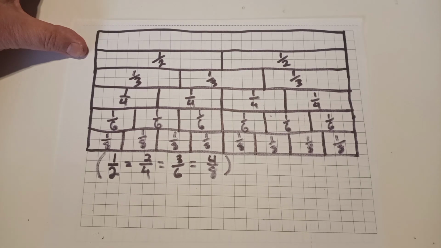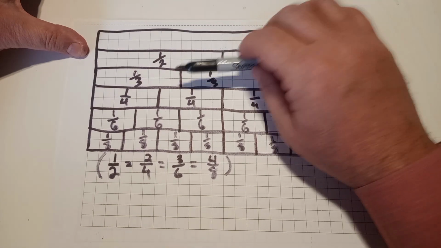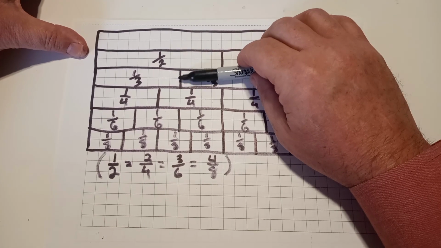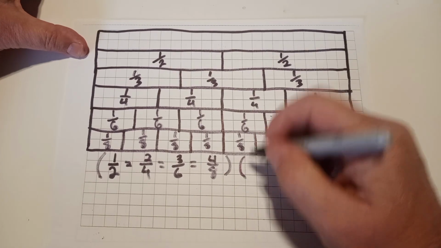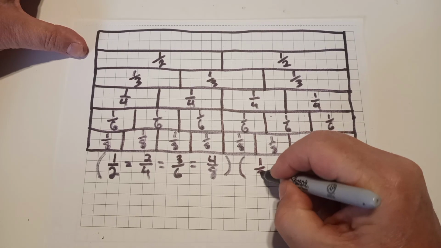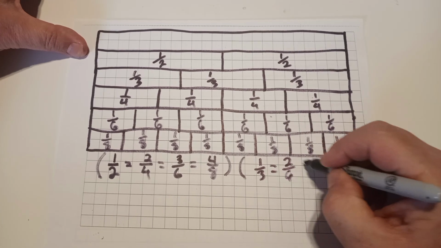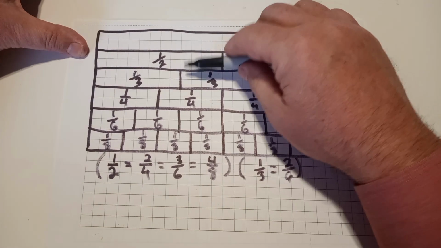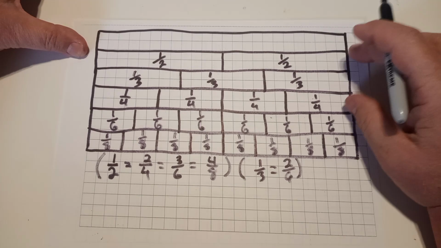Okay, thirds are the next thing we talk about. I'm going to follow it down. It looks like the 1/3 lines up perfectly with 2/6, and it does not line up perfectly with any of the eighths, so we can move on.